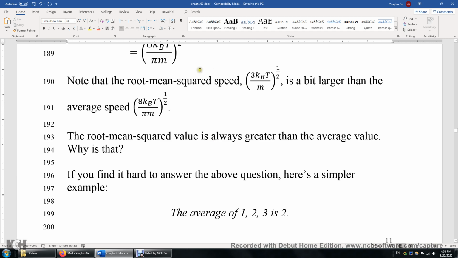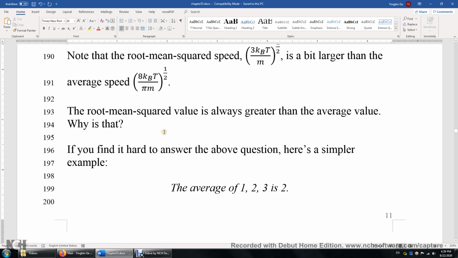So you can see here, the root mean squared speed is greater than the average speed, but you can say this more generally. The root mean squared value is always greater than the average value of real numbers.